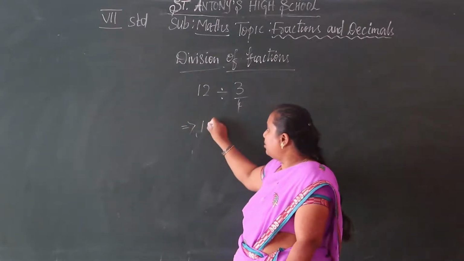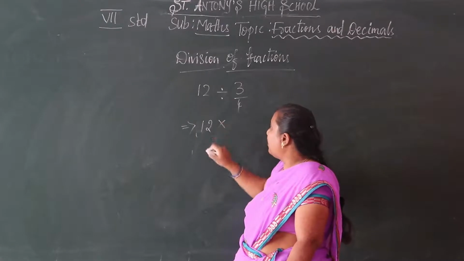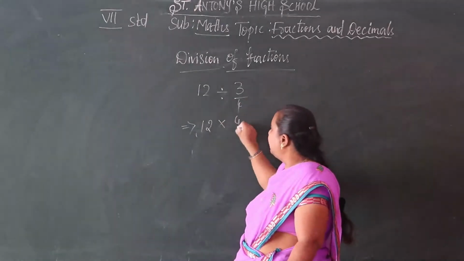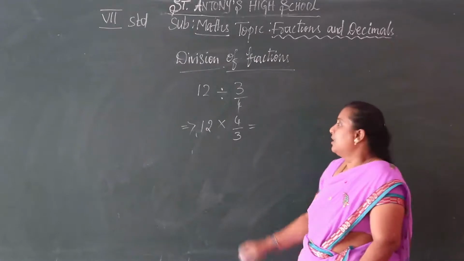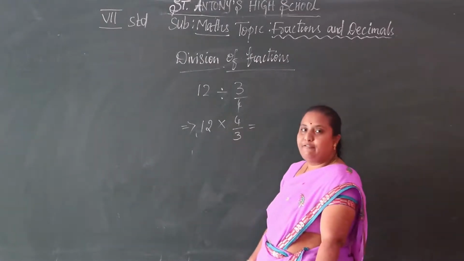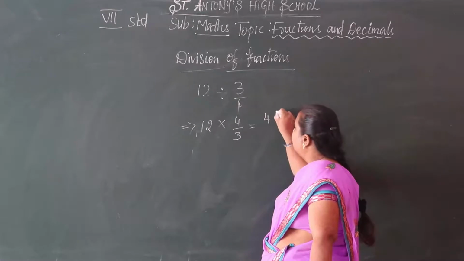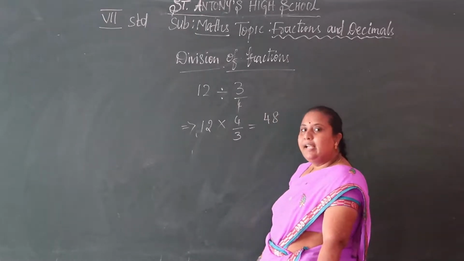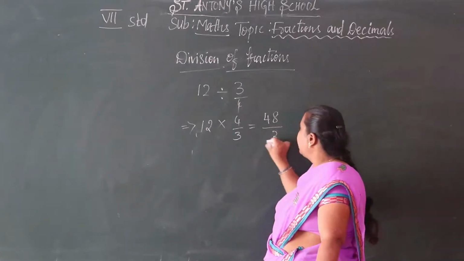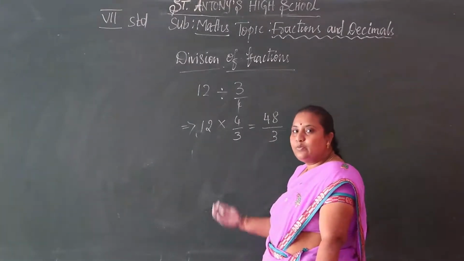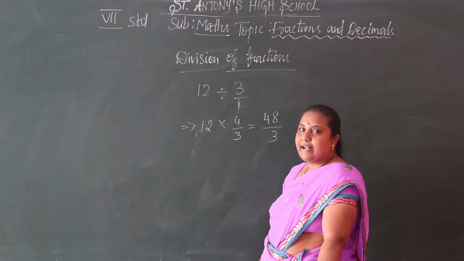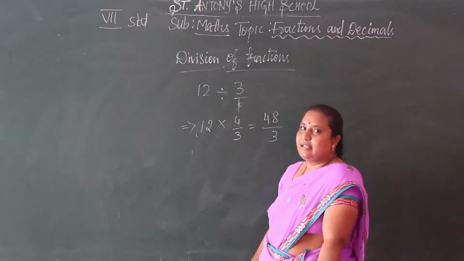So can you do, children? 12 multiplied by 4 by 3. 12 fours are 48, so 48 by 3 is the answer. This we can write in mixed fraction or we can cancel it.